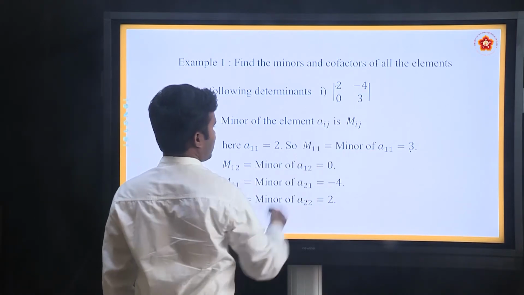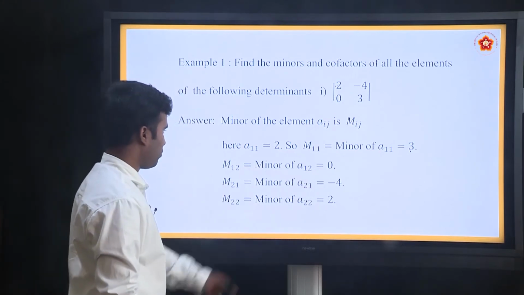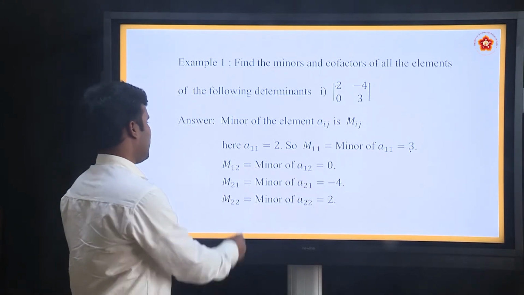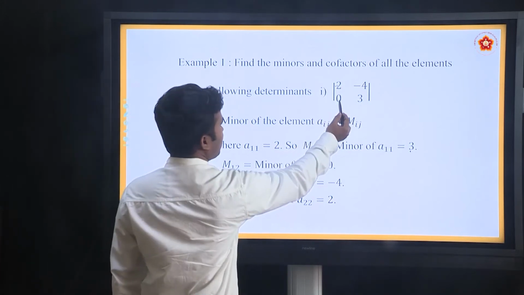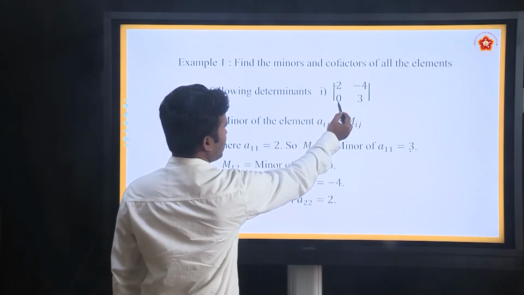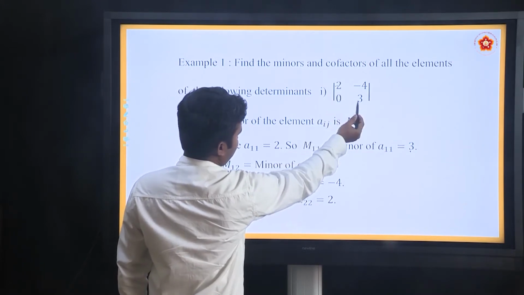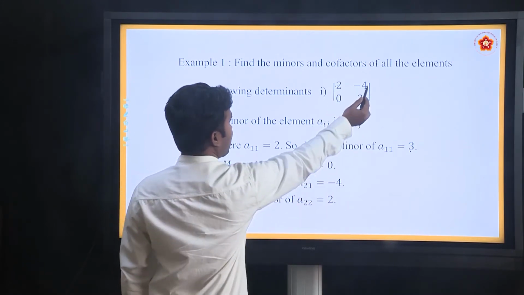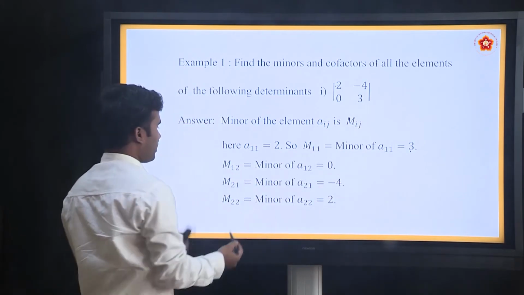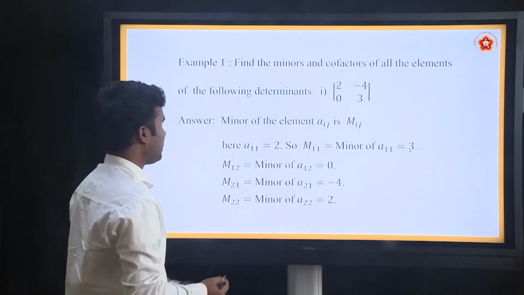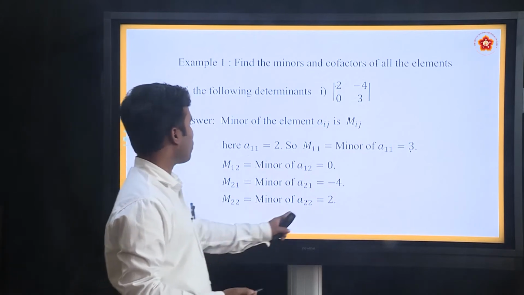So, what is left is 0, that is 0 is the minor of minus 4. And M21, where a21 is 0: you just delete the second row and first column, and we are left with minus 4, which is the minor of a21.